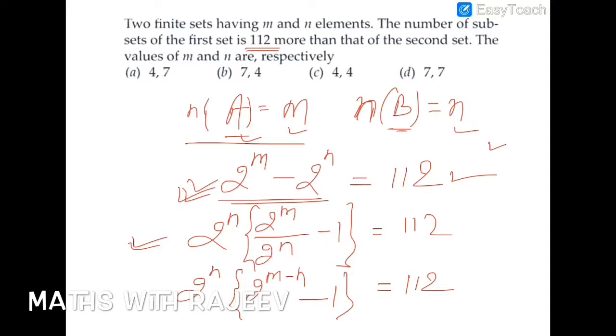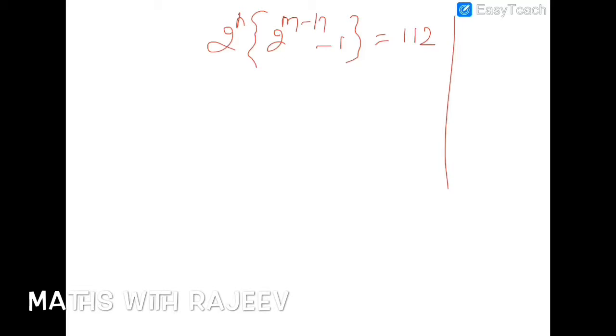Now it can be written in this form: 2 power n in bracket 2 power m minus n whole minus 1 is equal to 112. Now I am going to do one thing: I am factorizing 112.